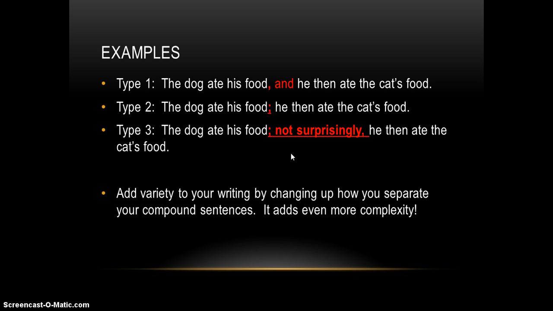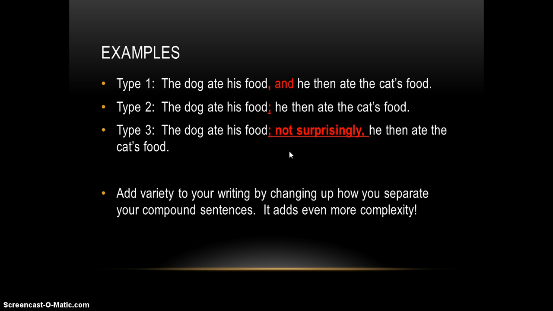If you have a couple of those in a paragraph, and then some longer simple sentences, and then a couple of compound sentences that use the different separation techniques that you see here, you're adding so much variety, and you've only learned two sentence types. There are two more to go.